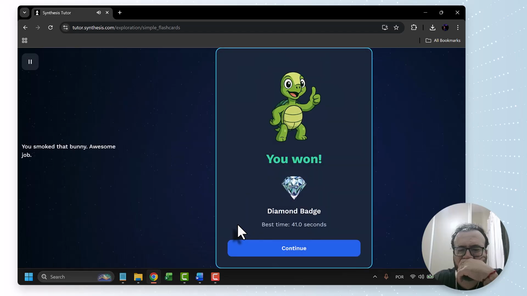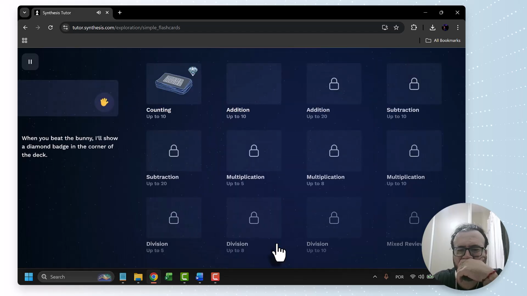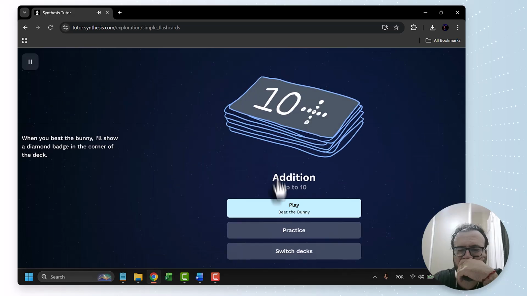You smoked that bunny. Awesome job. When you beat the bunny, I'll show a diamond badge in the corner of the deck.